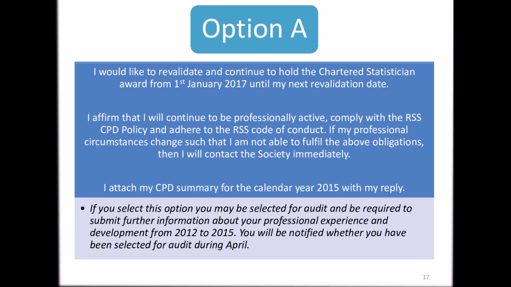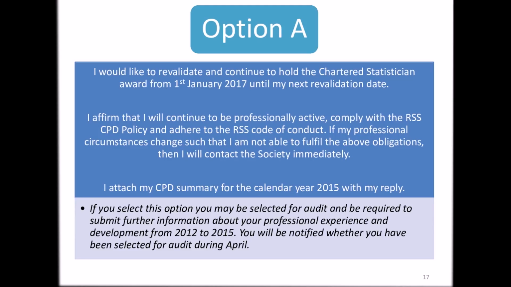So this is really just recapping the information that was in the email that was sent out. Slide 17 describes option A. And there are three parts to this option. So let me go through those three parts. I would like to revalidate and continue to hold the Chartered Statistician Award from the 1st of January 2017 until my next revalidation date.